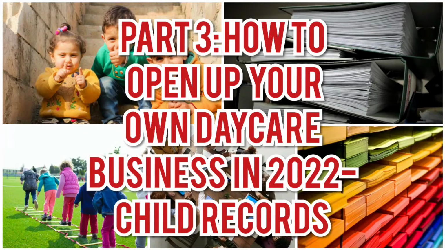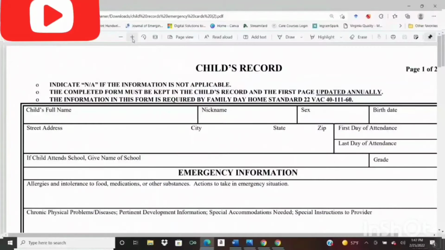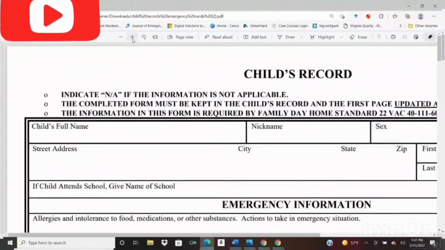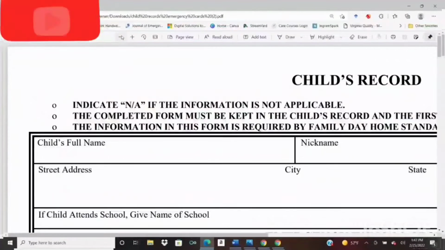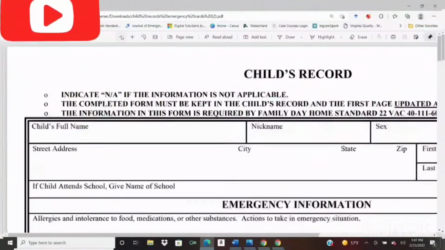Okay, I'm back to my favorite series, part 3, how to open up your own daycare business in 2022. And now we're going to be talking about the child records. Okay, so in many states, this is one of the most important documents you need in the child's folder.